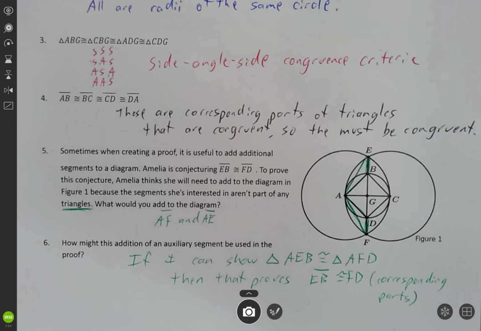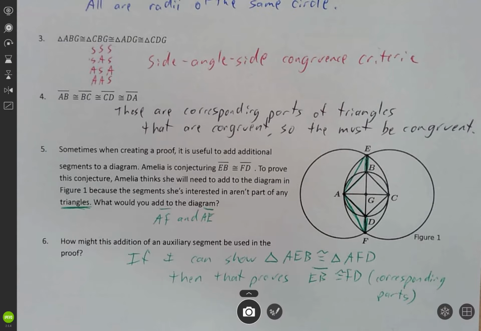So that's the idea behind justification: we don't just want to see something and think maybe it is, we want to give a reason why it would be true.